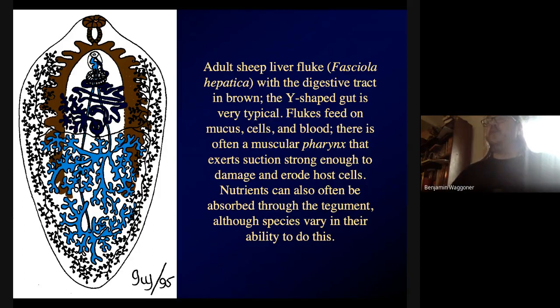They can also absorb nutrients through the tegument to some degree, although not all species are equally good at doing that. But whatever you see in the fluke that isn't brown is reproductive, right? Remember, parasites can ditch a lot of the structures that free-living organisms need because those needs are taken care of by the host, but they often have to compensate by cranking up their reproductive output immensely, right?